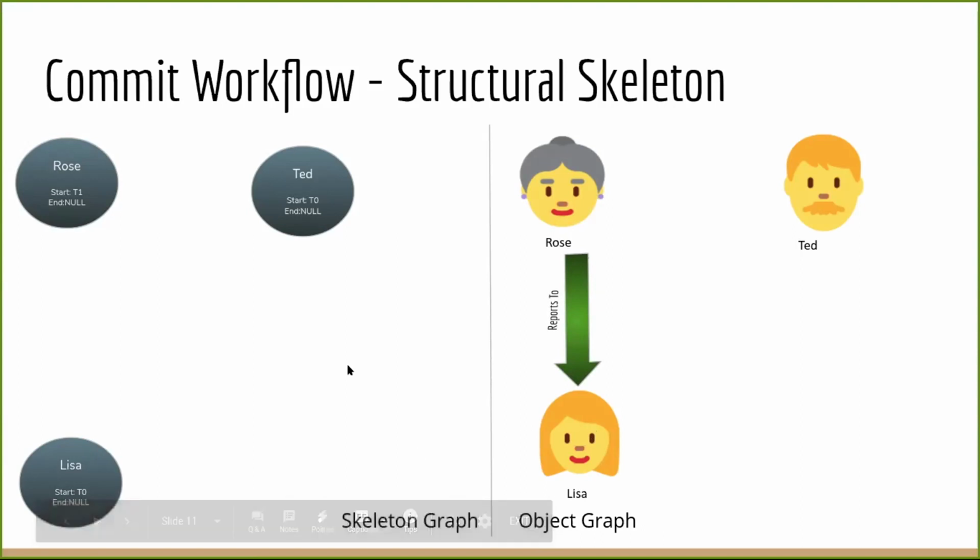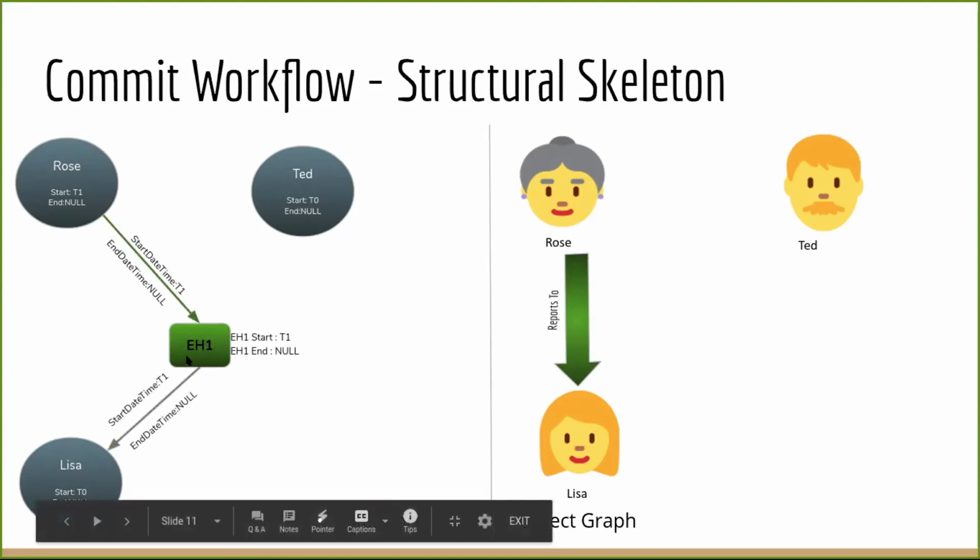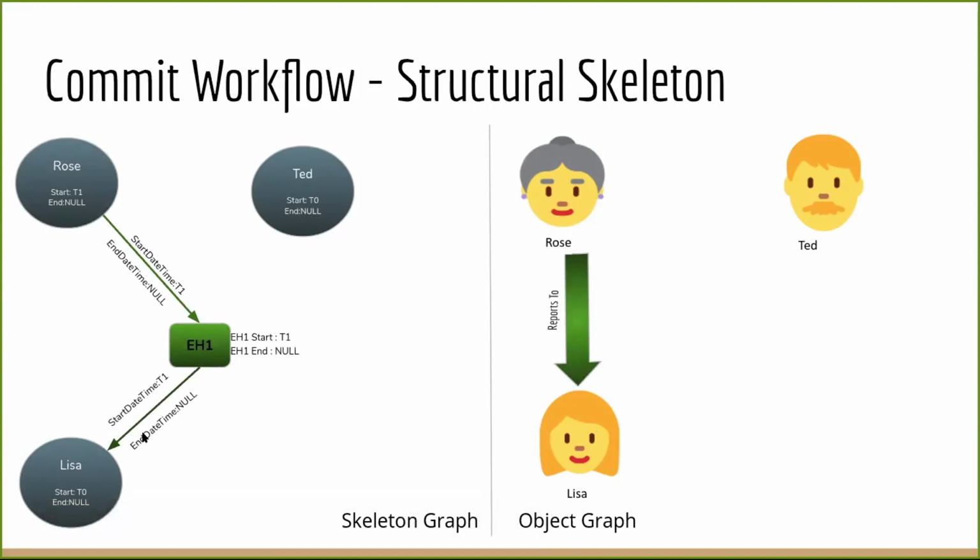Now that will be represented in the skeleton graph in a slightly different way. It is represented by means of a triple of a hub and a couple of spokes. And I'll get to why it is represented this way in just a minute.